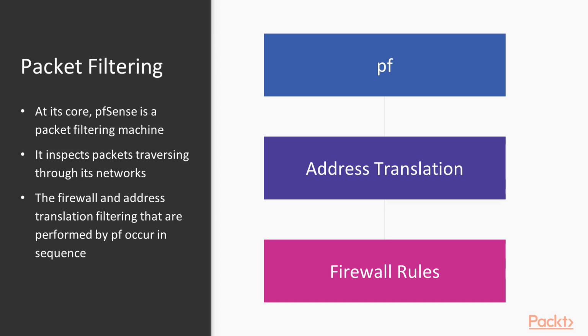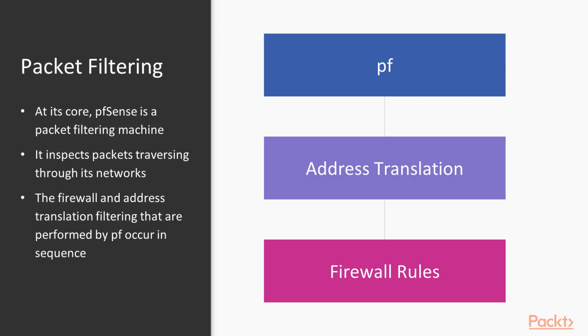Looking at these features individually, we can see that the first and most important part is the processor, and that is pf. pf is actually a command line program built into the operating system, and it is used to configure address translation and firewall rules. This can be done from the command line, either at the console via the web configurator executing one command at a time, or from a SSH virtual console session.